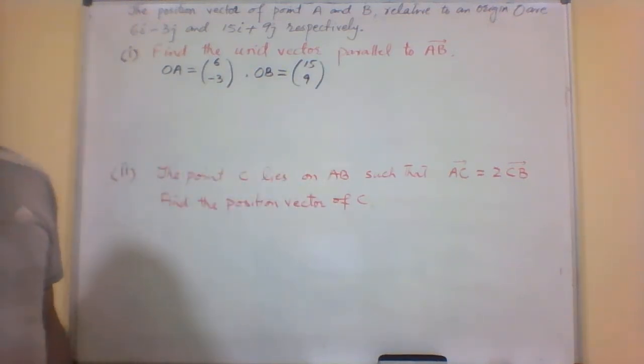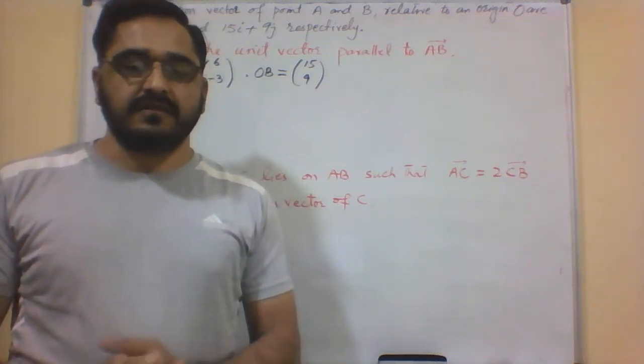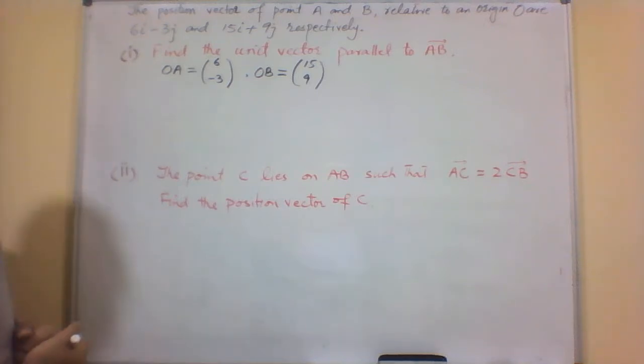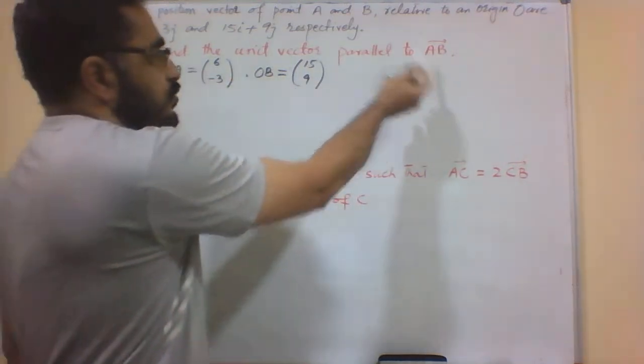These two are the given vectors. Now first of all we have to find vector AB.